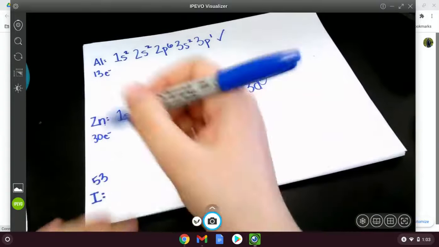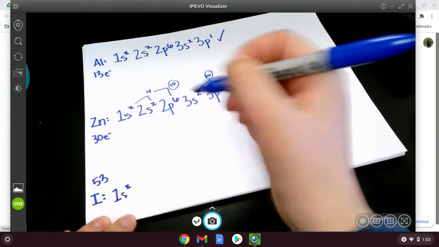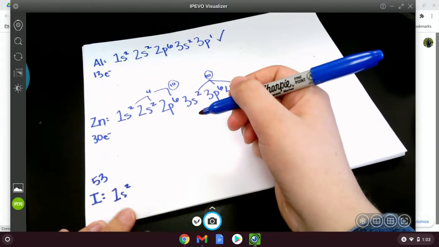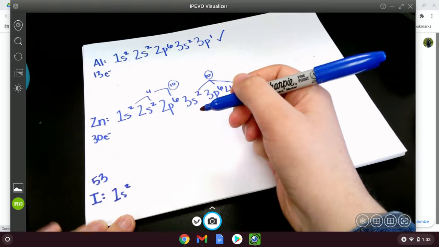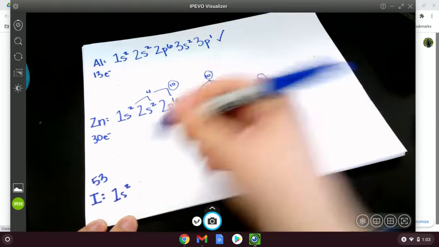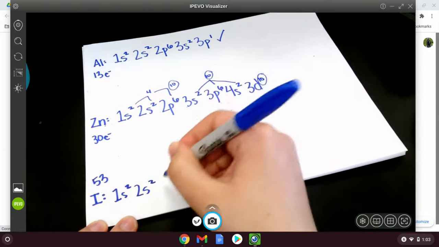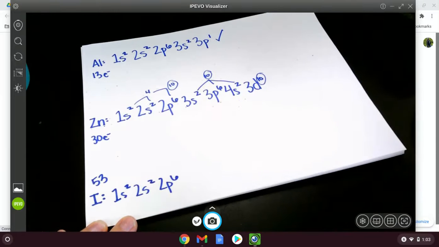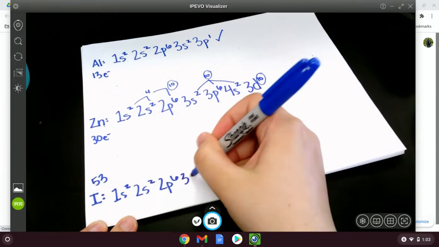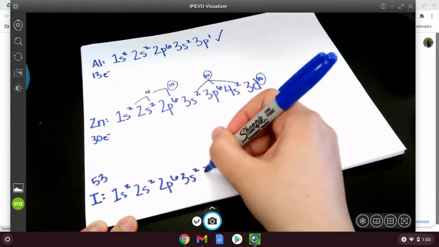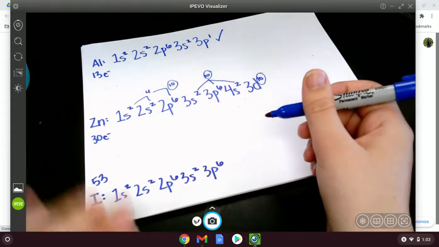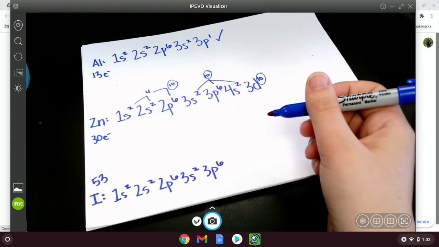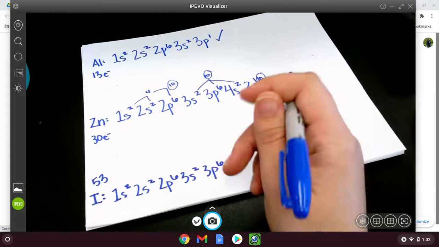Here we go. 1s2. You should be able to do this in your sleep by now. Always start with 1s2, okay? So 1s2, 2s2, 2p6. After 2p, we go to 3s. 3s2, 3p6. Okay? Now, this is where we got to be a little careful.